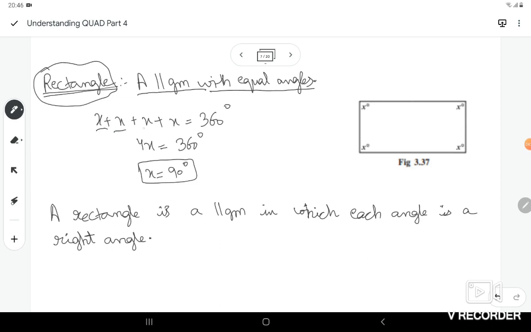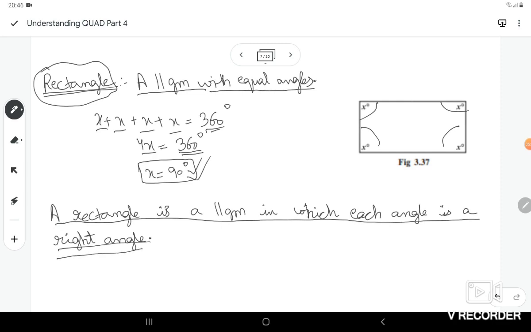So x plus x plus x plus x is equal to 360 degrees. 4x gives us 360 degrees and x is equal to 90 degrees, which tells one more property, that a rectangle is a parallelogram in which each angle is a right angle.